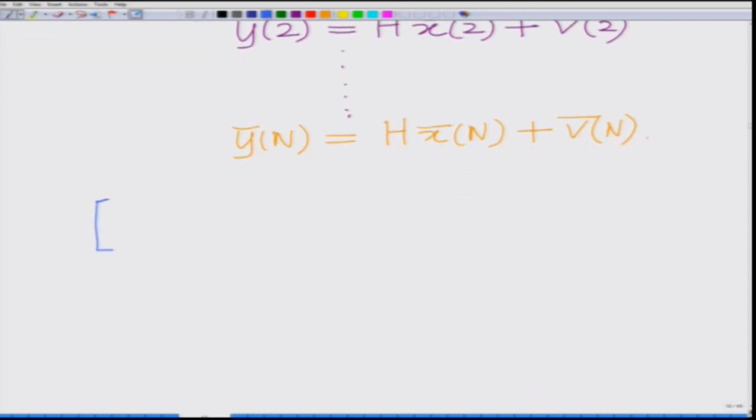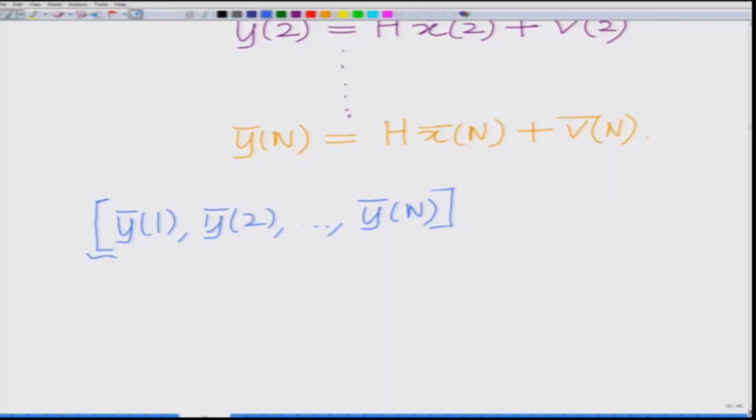Therefore, now if I look at the output vectors y bar 1, y bar 2, I can stack these output vectors row wise: y bar of 1, y bar of 2, so on up to y bar of n.